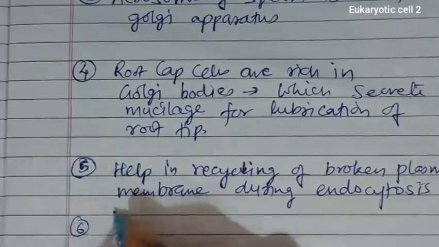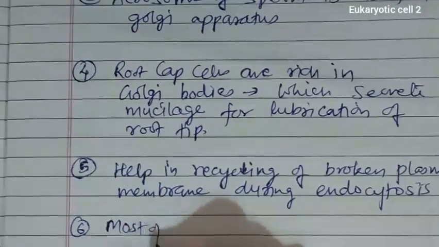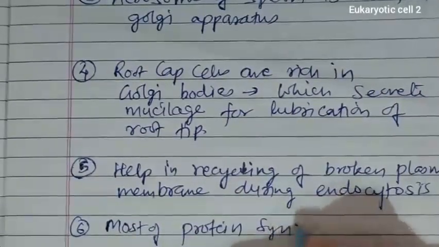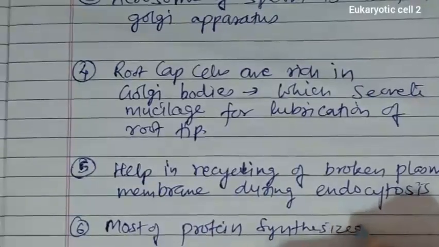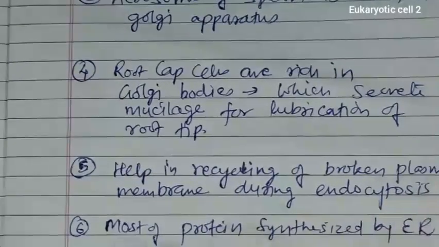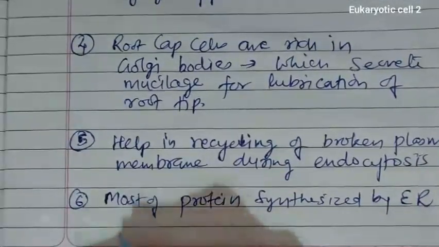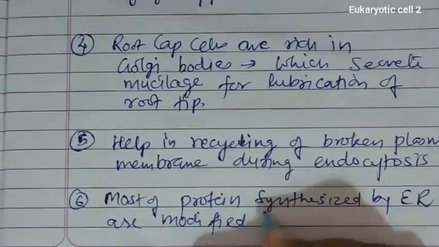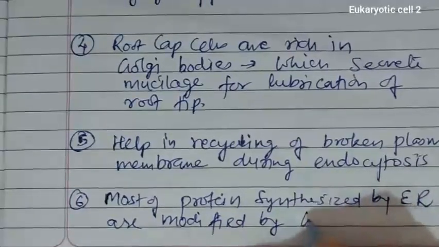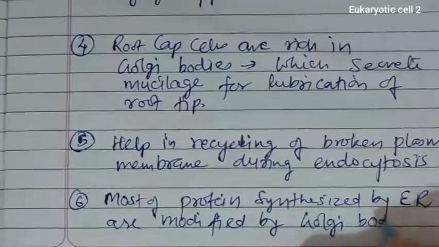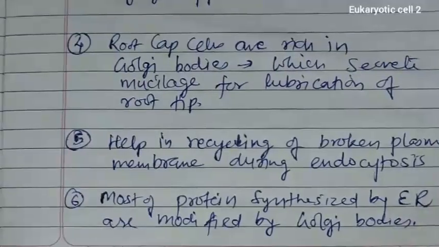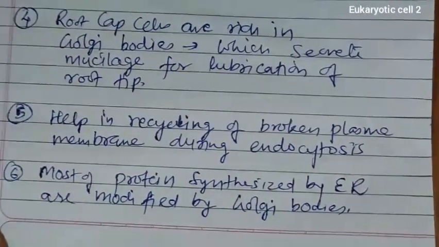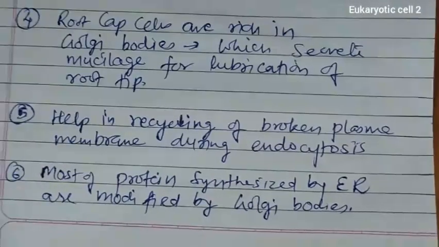And sixth, most of the protein synthesized by ER are modified by Golgi bodies. Okay, so these are the functions of Golgi apparatus, and that is all about Golgi bodies.